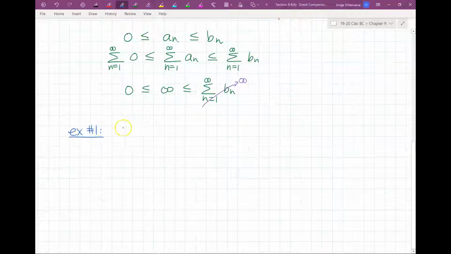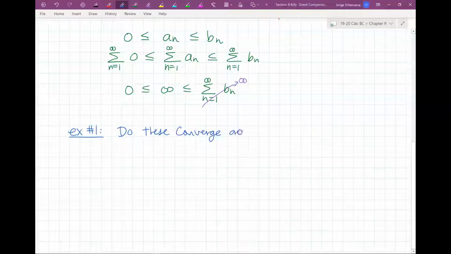So let me put, do these converge or diverge? We'll start with this one right here. The sum as n goes from 1 to infinity of 1 over 2 plus 3 to the n.